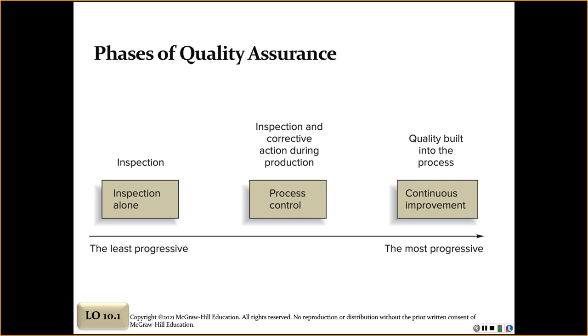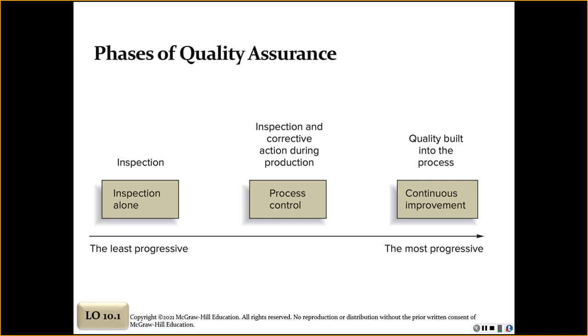The best companies design quality into the process. They use it to produce a product or service, which reduces the need for inspection. So throughout the production of a service or a product, a company is always designing in quality, so that once it gets to the end result, the inspection is minimal.